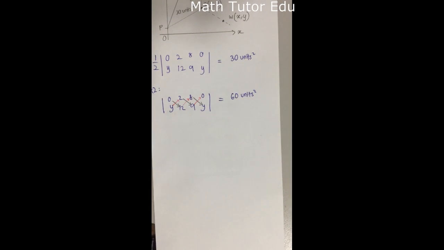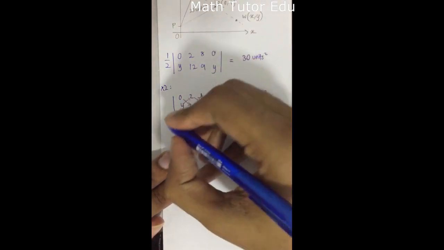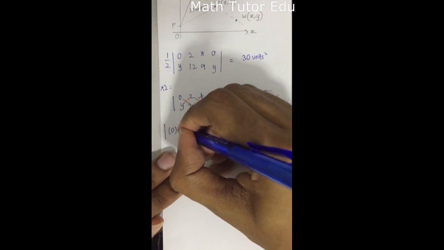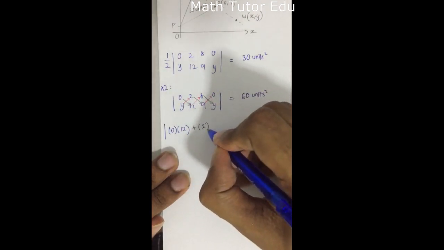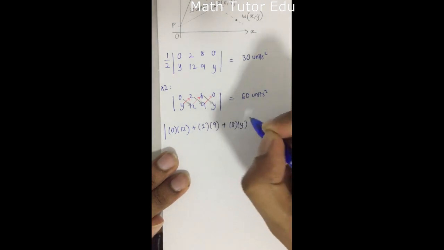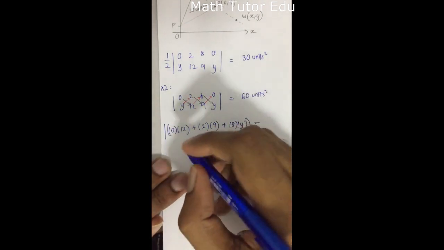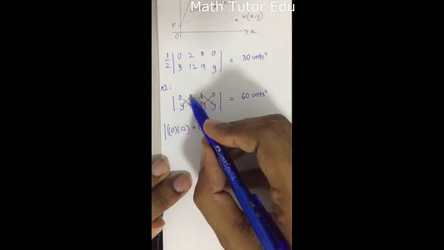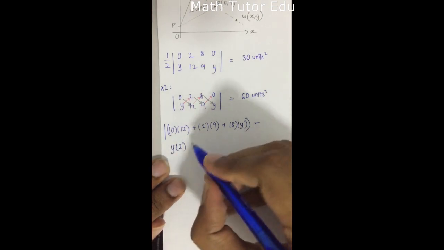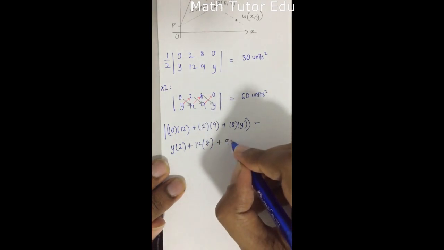Okay, so let me show you the working if you don't understand. Okay, so from here 0 times with 12 plus with 2 times with 9 plus with 8 times with y minus y times with 2, okay, plus with 12 times with 8 plus with 9 times with 0.